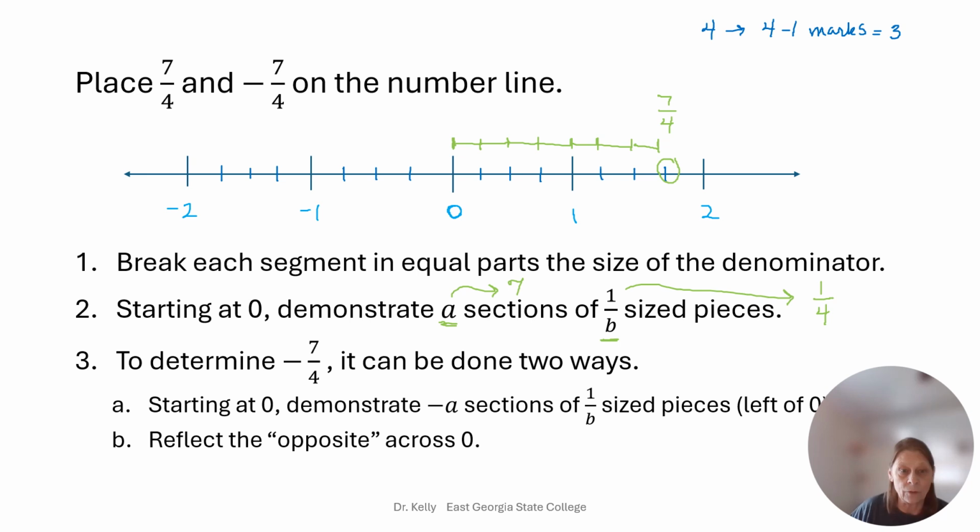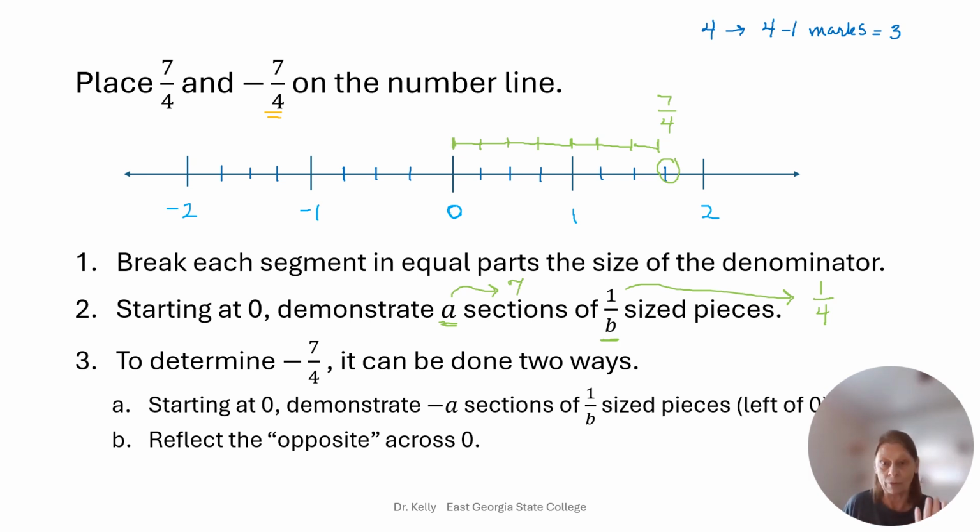The other thing we were asked to demonstrate is negative 7/4. To demonstrate the negative, it can be done 2 ways. We've already identified the positive, and sometimes for students, it's really important to stay very consistent until they're extremely strong with a skill. So for me, in introducing this, I would use the idea of opposites.